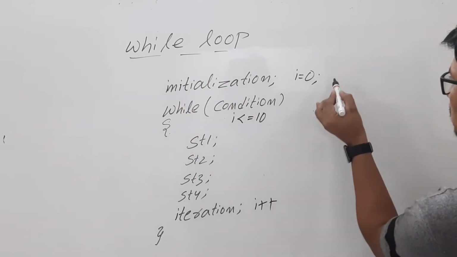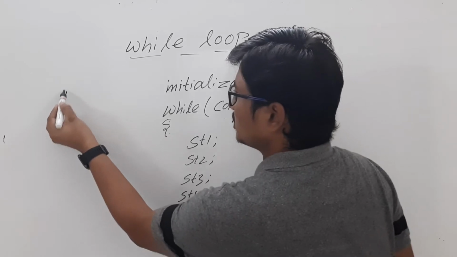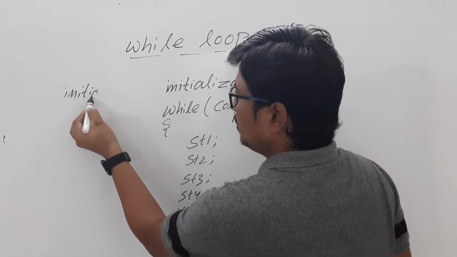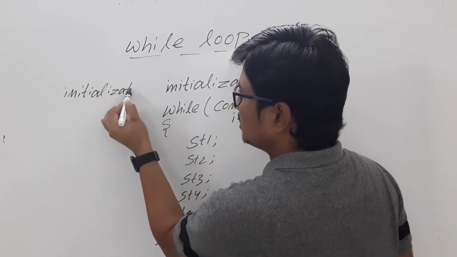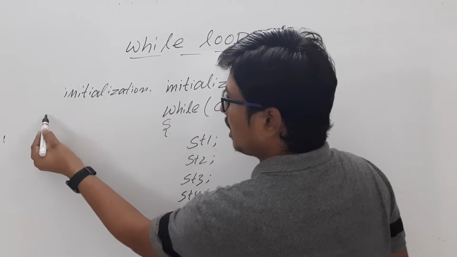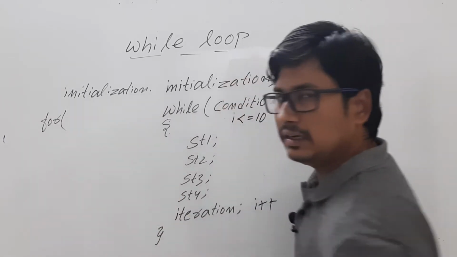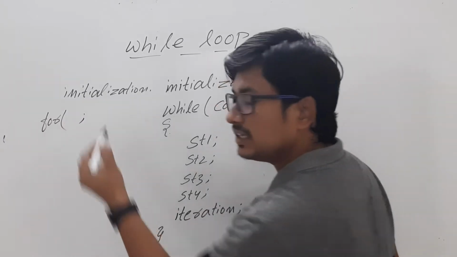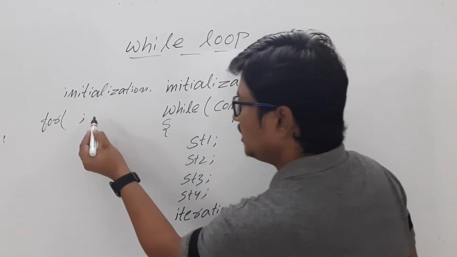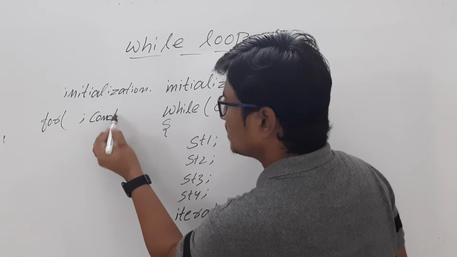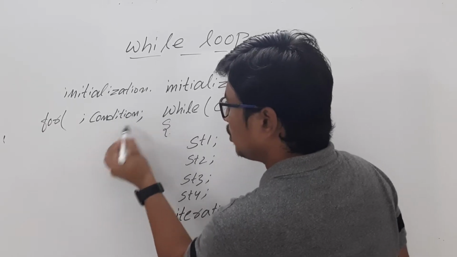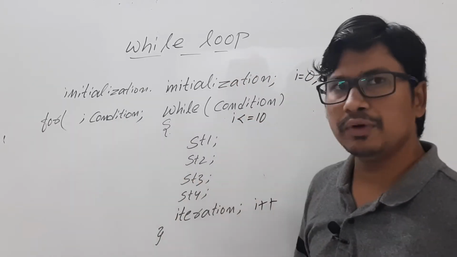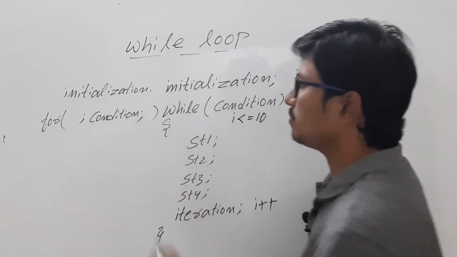Let me discuss how. You do the initialization first, and then you have the for. As you have already done the initialization, you will not do it again here. Here you will provide the condition, semicolon. Now you will not provide the iteration here. Now let me close the for.